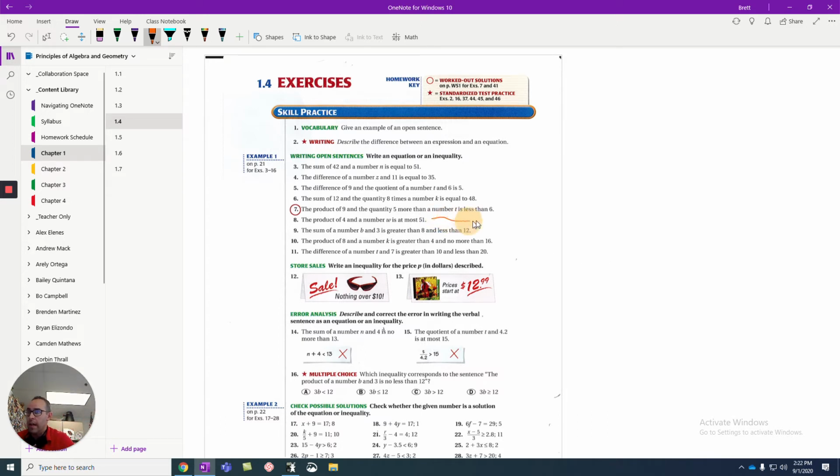Let's look at number 8. Okay, it says the product. We learned last time that means multiplication. So we're thinking about multiplication of 4 and a number w. So I want to know, what does the product of 4 and a number w look like? Well, 4 and a number w would look like that. So that's my multiplication of 4 and w. Then it says is at most. It can be less, but it can't be more than 51. It can be equal.